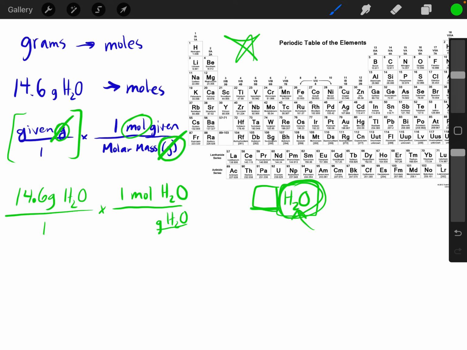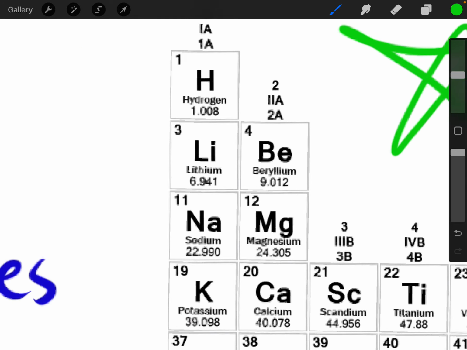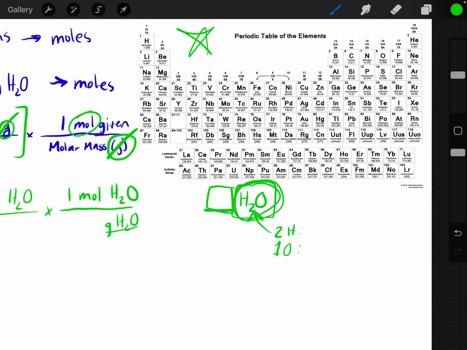Okay, so within this water, I have 2 hydrogens, and I have 1 oxygen. And I'm going to go ahead, I'm going to go look at that mass for hydrogen, and it's really 1.01 times the 2 hydrogens that I have in the compound, and that becomes 2.02.